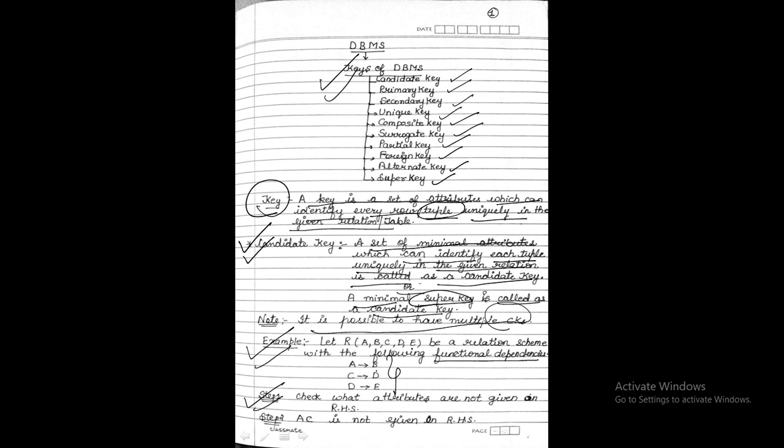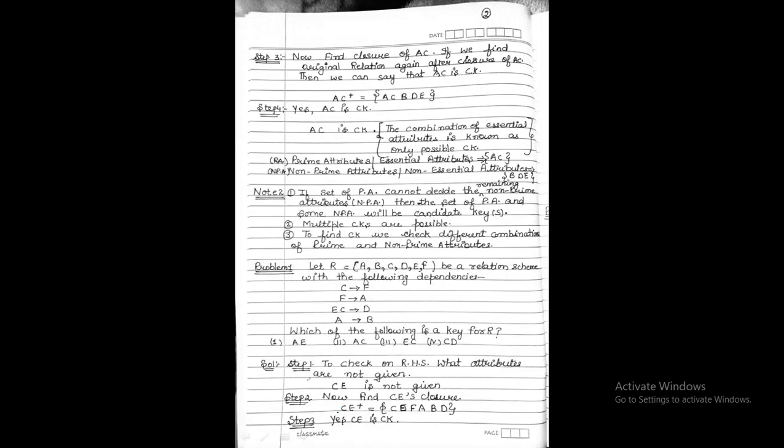Here we can see that A and C, these two attributes, are not given. So we can say that AC is an attribute of the key. Now we have to find the closure of AC.